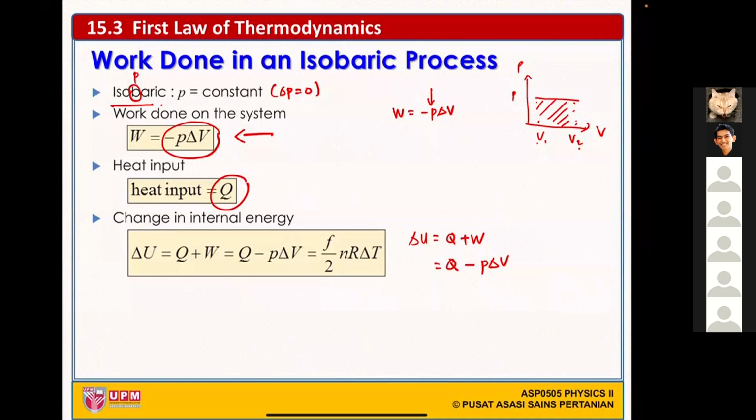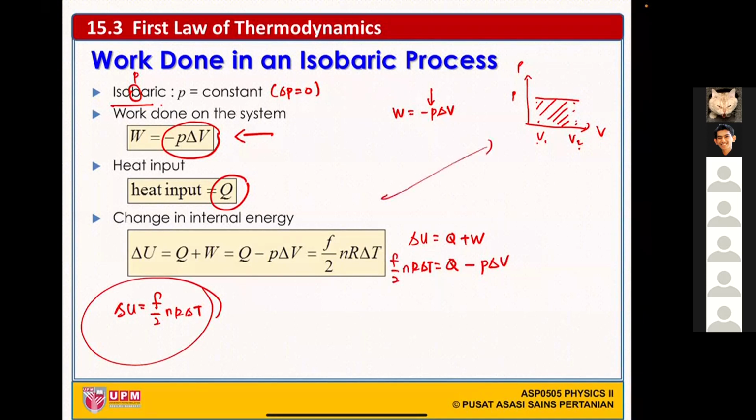Dan juga kita dah belajar the change in internal energy is equal to F divided by 2 nR the change in T. Jadi kita boleh substitute equation ni dalam first law of thermodynamics menjadi F divided by 2 nR the change in T. Sebab dalam konsep isobaric there's a change in temperature.